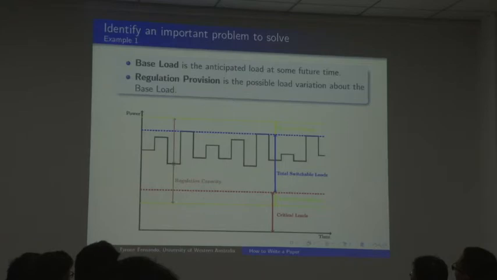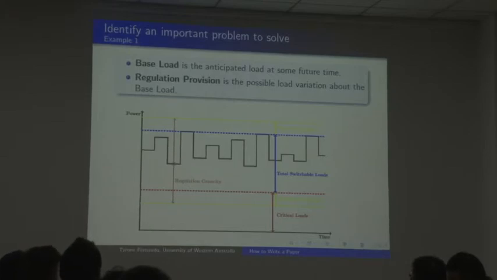Now the red dotted line. Remember the customer has switchable loads that you can turn off and on, and they have critical loads which you can't turn off. So if the customer turns off all the switchable, non-critical loads, the power requirement will drop down to that red dotted line, right?